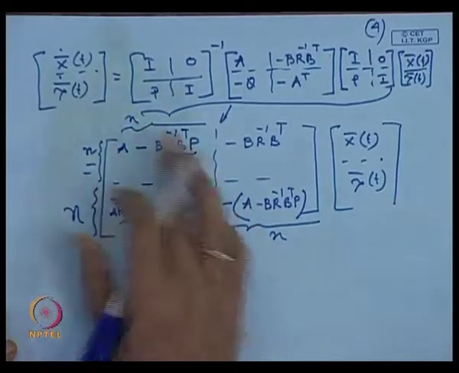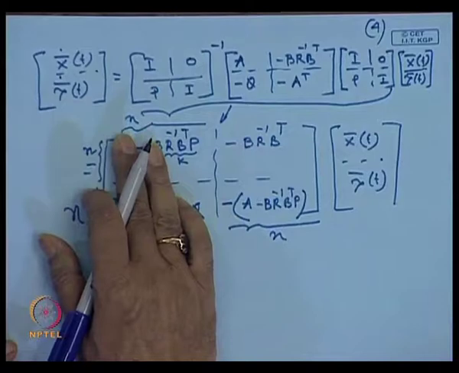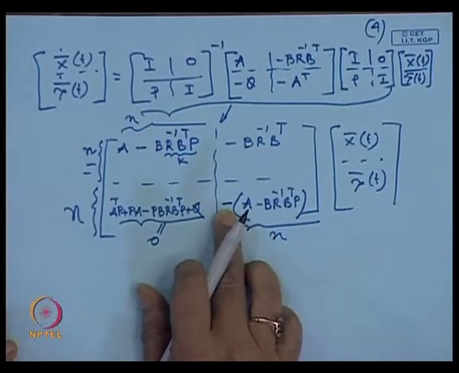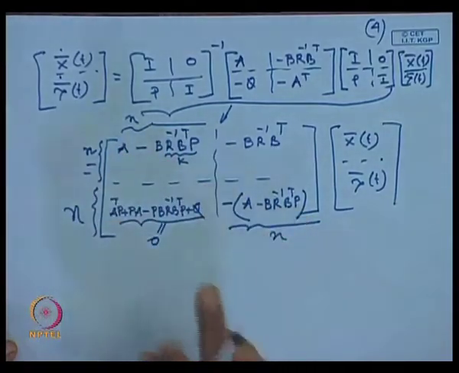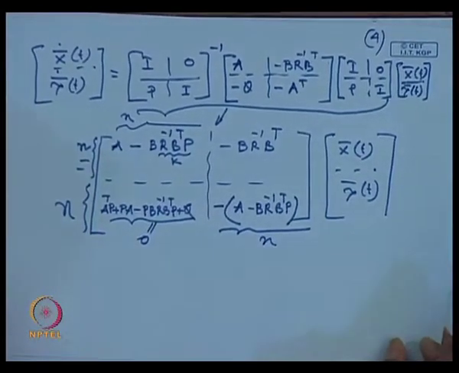Since it is a block diagonal matrix, the eigenvalues of the whole matrix are nothing but the eigenvalues of this block, which are the stable eigenvalues, and the eigenvalues of this block, which are the unstable eigenvalues, because of the minus sign preceding that matrix. Okay. So, that we have shown earlier also.